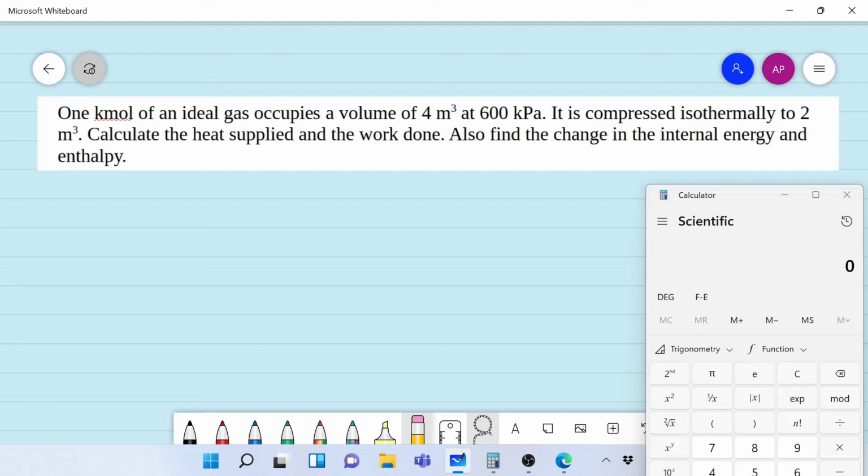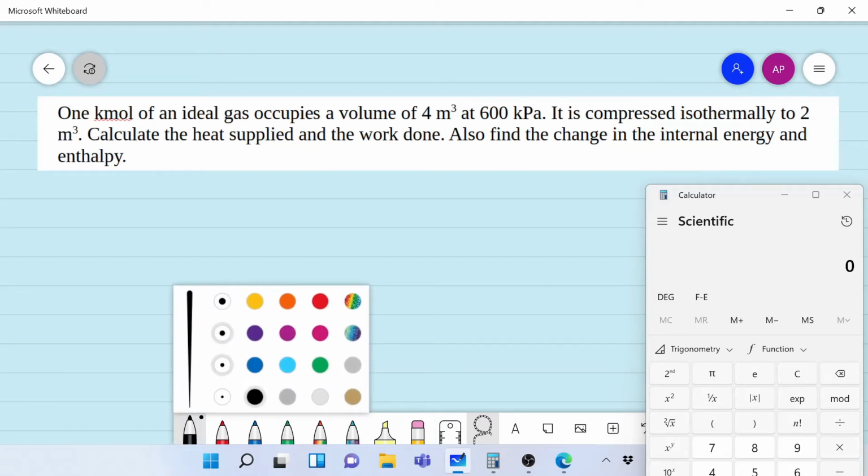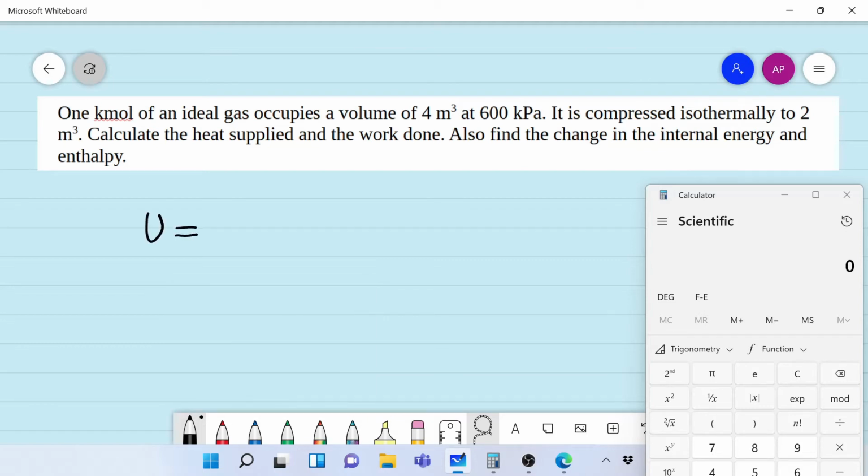The first thing that we need to understand here is that U, internal energy, is a function of temperature for an ideal gas.